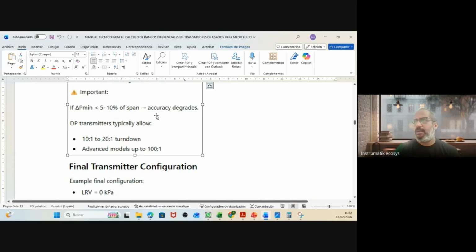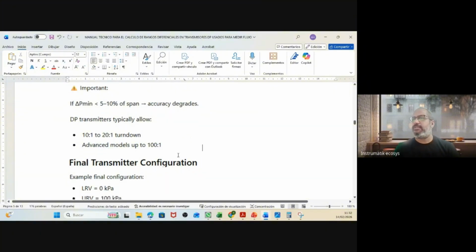So if it's 5 or 10%, you have to inform your clients that the accuracy degrades. It's not going to be as accurate as in the turndown ratio. So that's good data to inform to the clients.